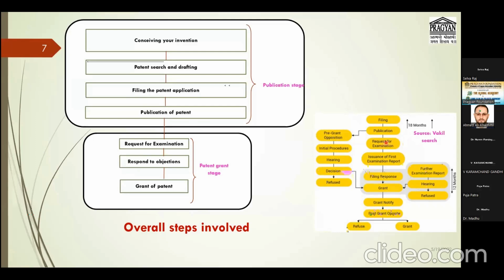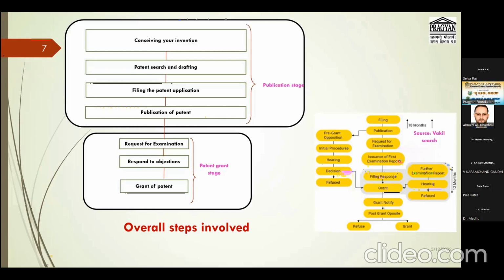Very important: we can apply with Form number one for a patentable invention. Next we can apply for request for examination. After maybe 48 months, they will give the first examination report, which is nothing but FER, the First Examination Report.